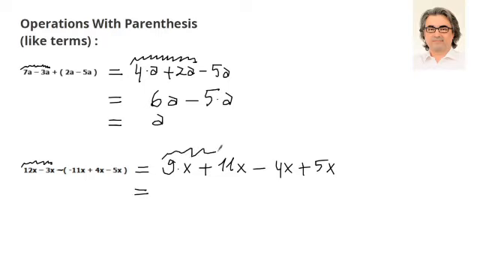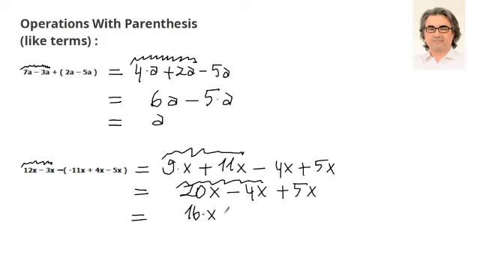Start from here again, from the left side of this expression. 9 times x plus 11 times x. 9 plus 11 is 20x. Minus 4 times x plus 5 times x. Continue with the next step. 20 times x minus 4 times x. 20 minus 4 is 16 times x.